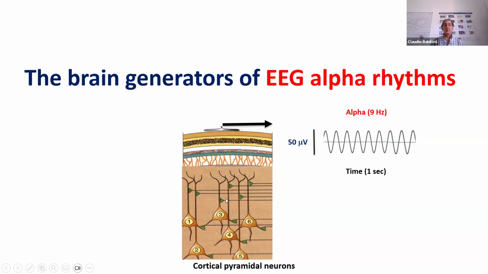But the picture only represents the cortical pyramidal neurons having the main dendrites perpendicular to the surface of the cerebral cortex.